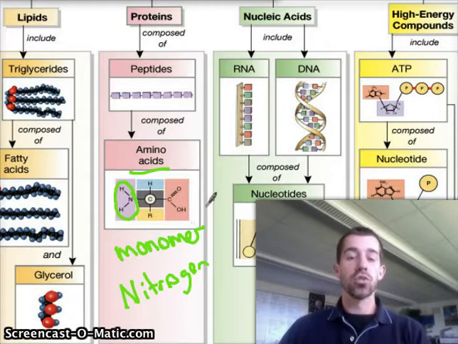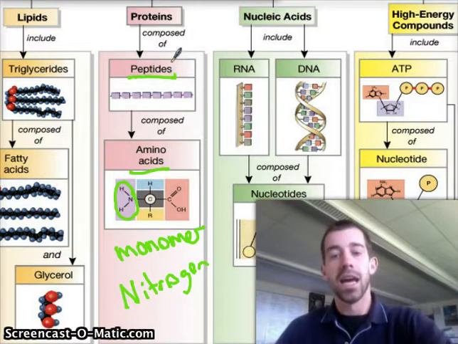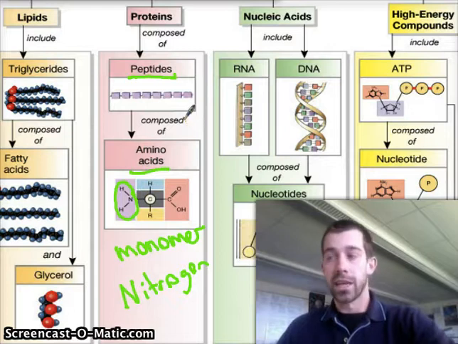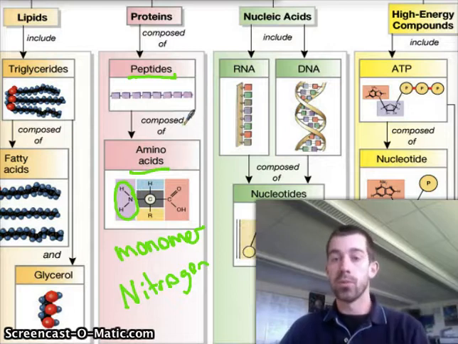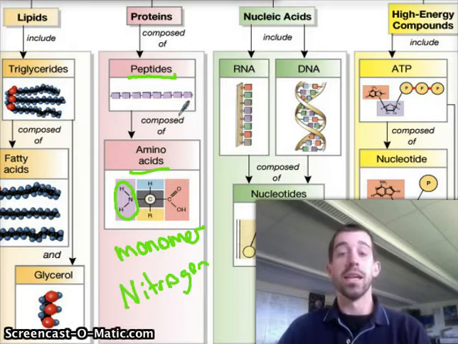And a string of amino acids, one right after the other, is called a peptide, or sometimes called a polypeptide. It means the same thing. And when you put all these amino acids together, you create a protein. And you've already learned, if you've looked at the cell membrane, about enzyme proteins and cell membrane proteins, and so you know that proteins do many different jobs inside the cell.